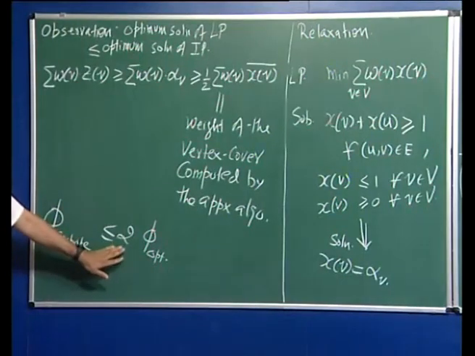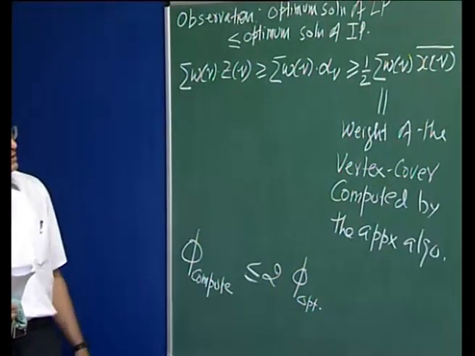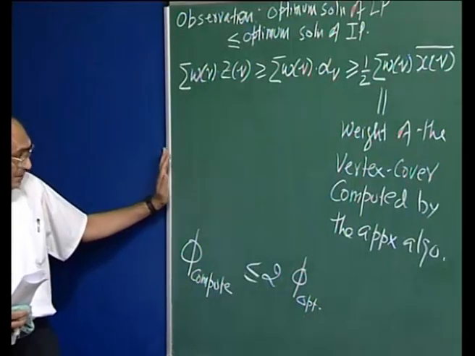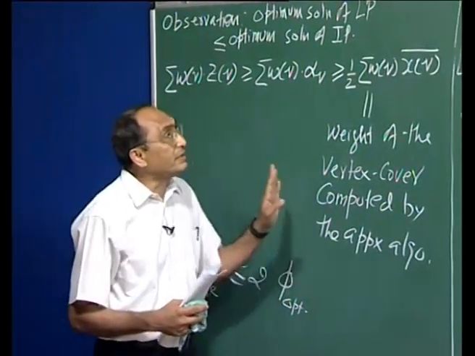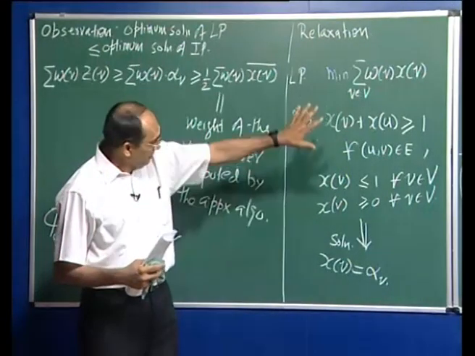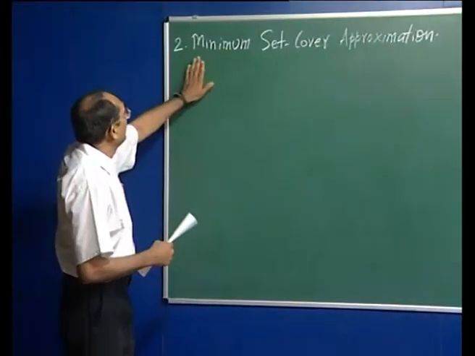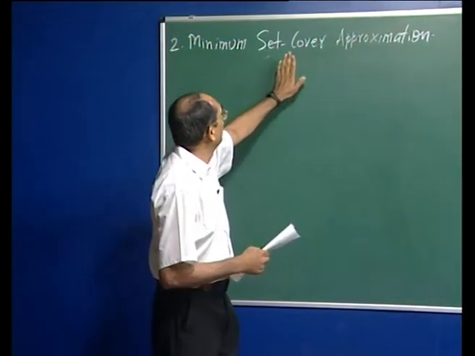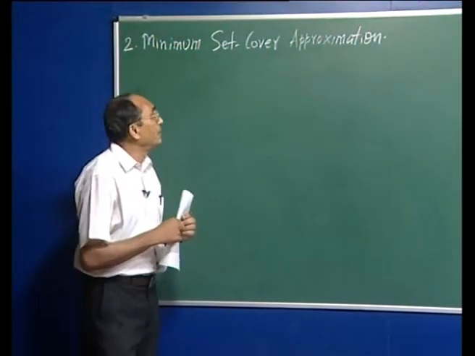So once again, the performance ratio is a constant, 2, and that was the same when we considered the case without weight. But the thing to learn here is that this technique is a very powerful one and is used in many cases.